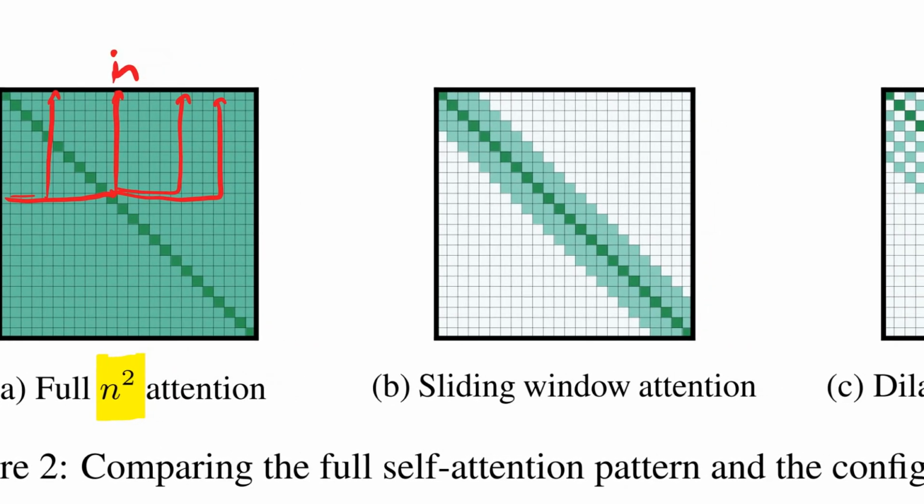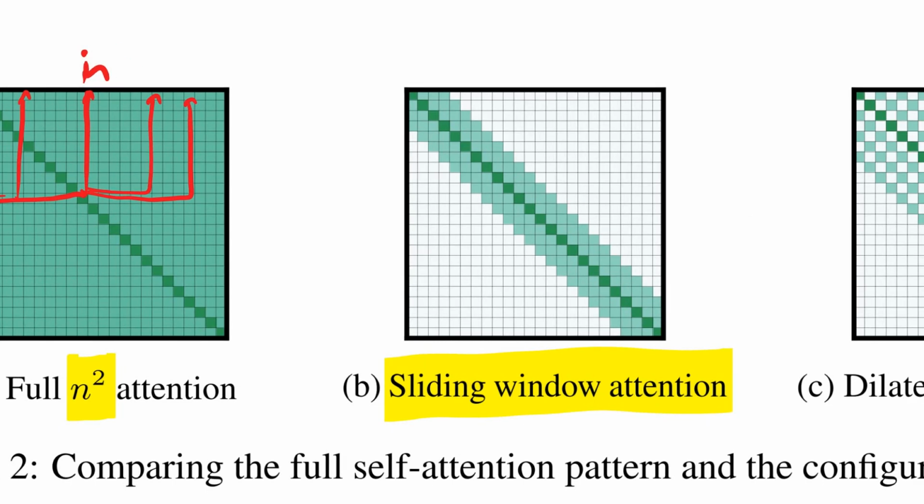Now, in this sliding window attention pattern, and this is one of the core components of the Longformer, you see that the ith unit here can attend to itself, right? But also to this, and to this, but no more.